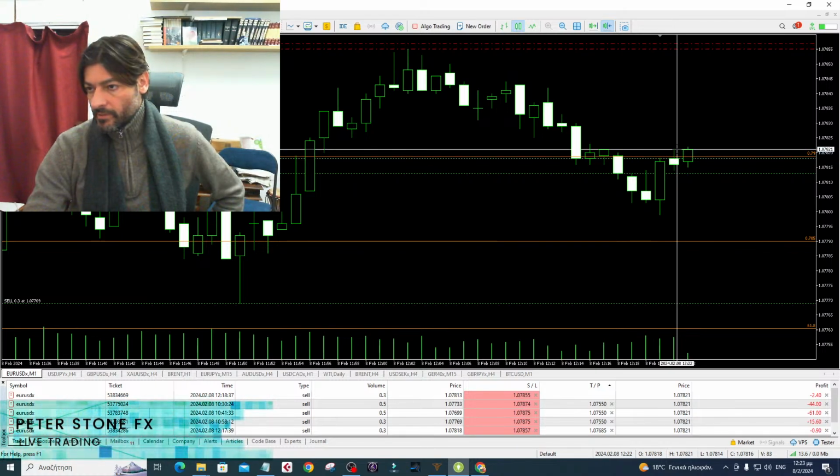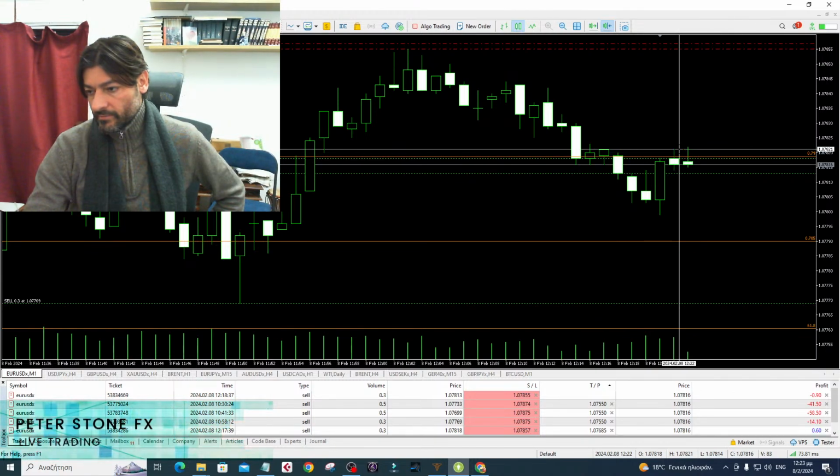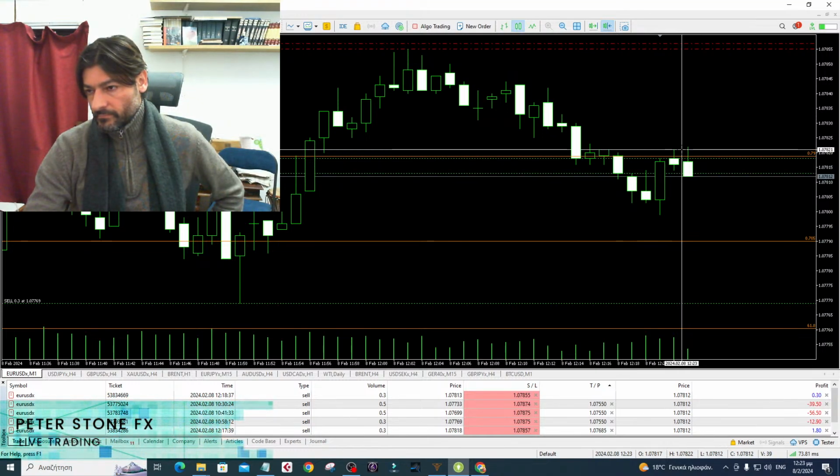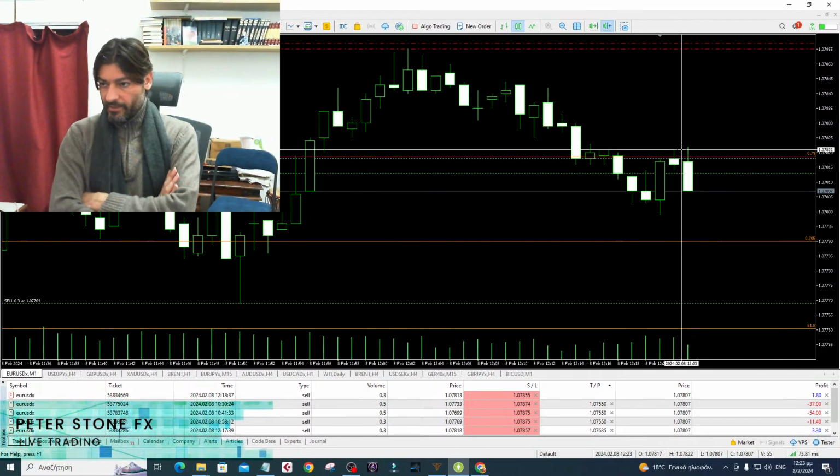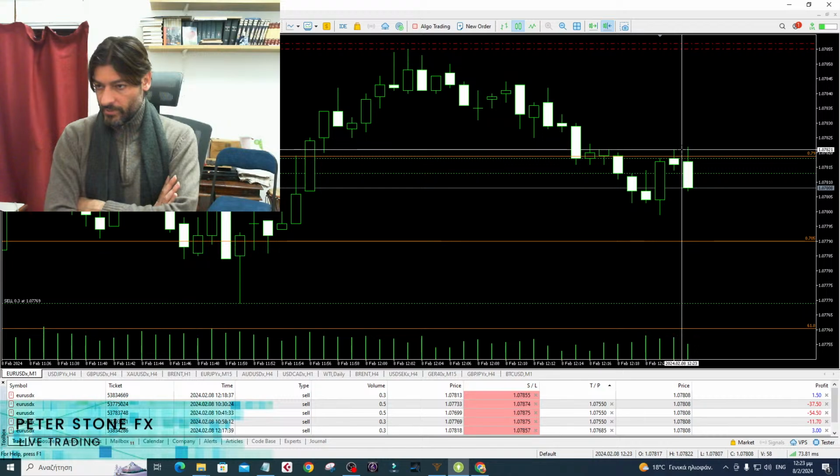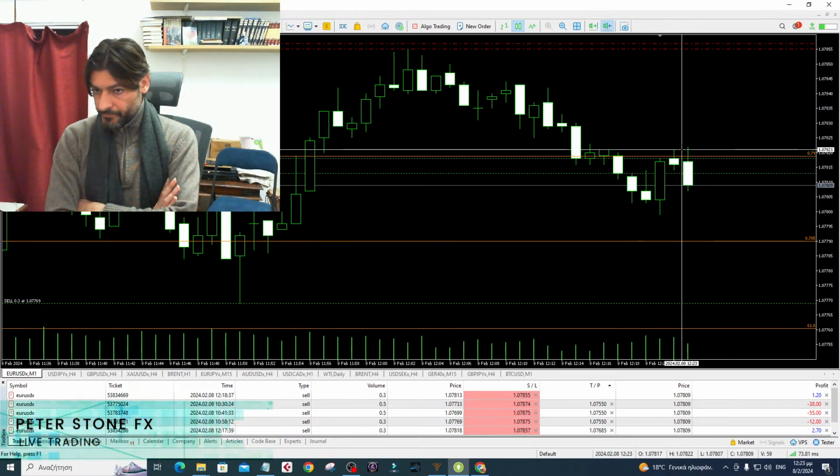Exactly, pressed upwards. Volume downward, volume candle downwards. I like that. This is not an order block.